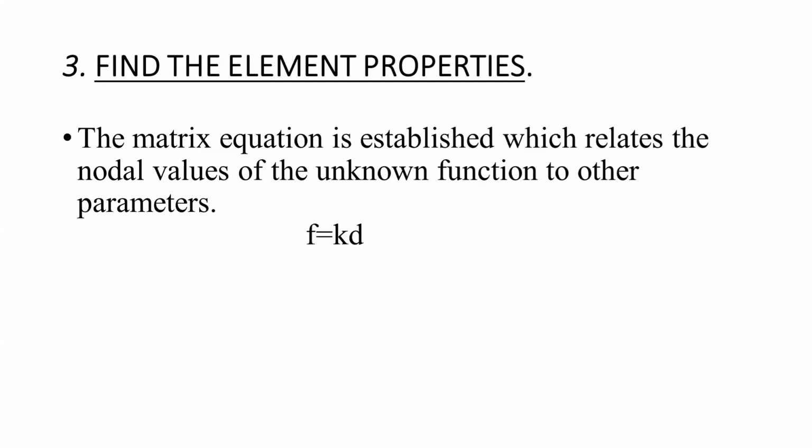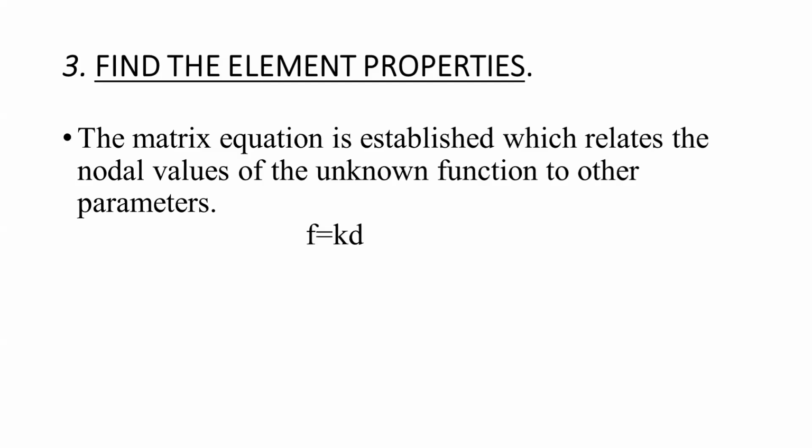If we are talking about a one-dimensional linear element, that is an element which has 2 nodes, since it has 2 nodes and there is only one unknown for every node, a one-dimensional linear element is going to have 2 unknowns. Therefore, the size of the matrix d is going to be 2 rows and 1 column.